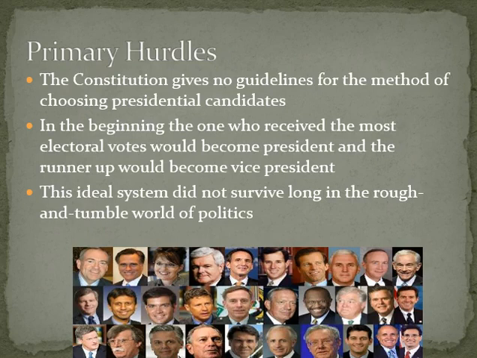So in the beginning, the person who received the most Electoral College votes would become the president, and the person who received the next highest amount would become vice president. Unfortunately, that didn't last very long. There was even an incident in which a president and the newly selected vice president actually got into a physical fist fight. So eventually they had to change how that was done.